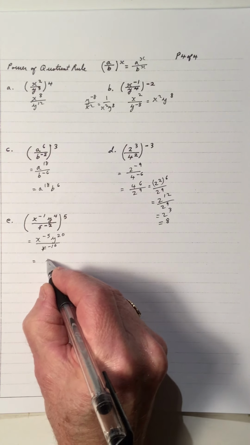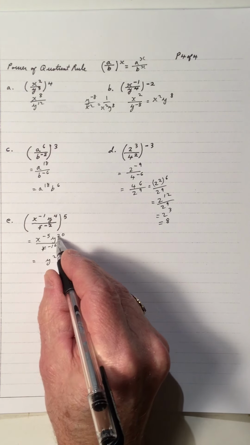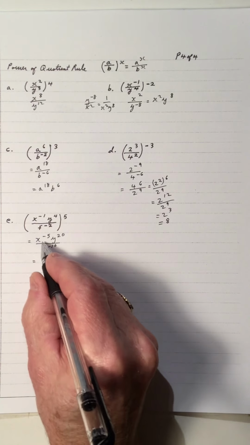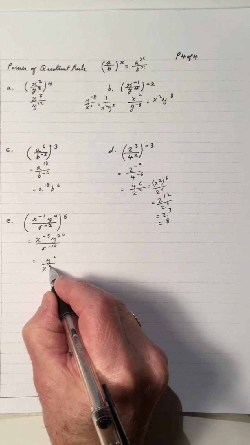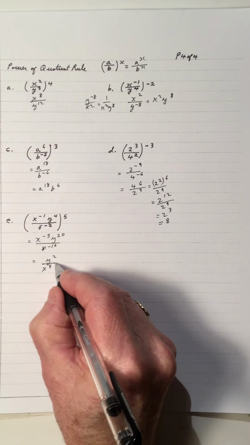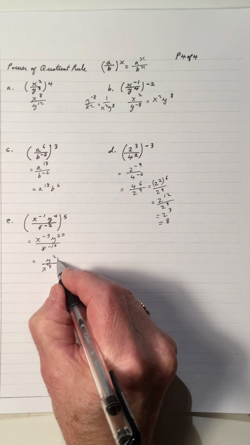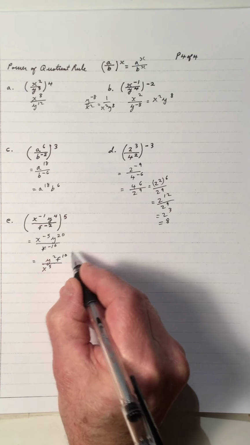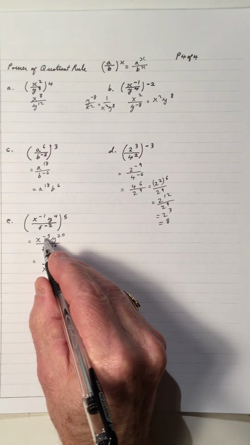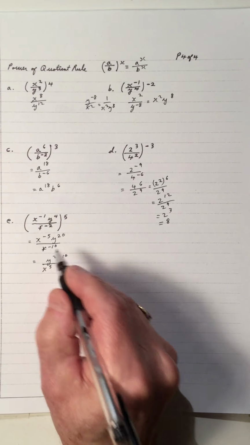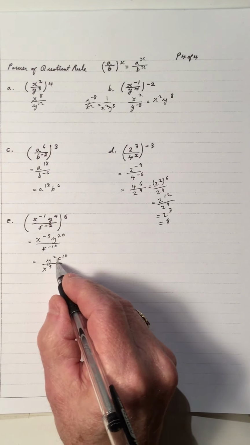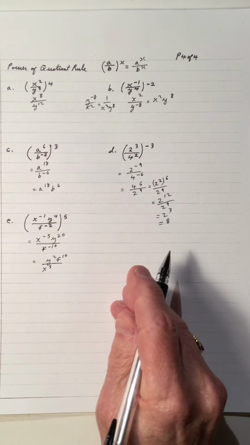So y to the 20 stays there. x to the negative 5 goes down because it becomes 1 over. And f to the negative 10 moves to the numerator. So this one moves down, this one stays, this one moves up. And we can't simplify this because they're all different bases.